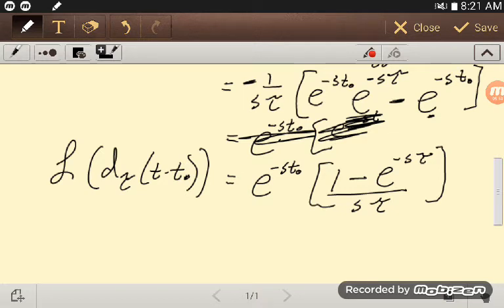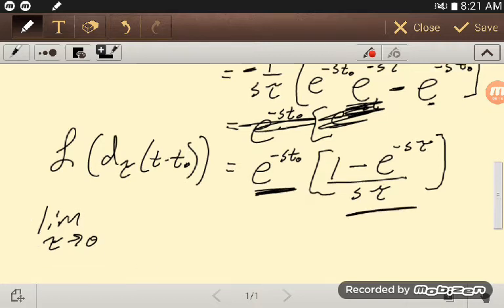Okay, now let's take the limit of that. Well, if I take the limit as tau goes to 0, notice that this term doesn't have a tau in it, so it's just a constant term. It gets factored out. So I'm just going to look at the limit of this part. So the limit of 1 minus e to the minus s tau over s tau.